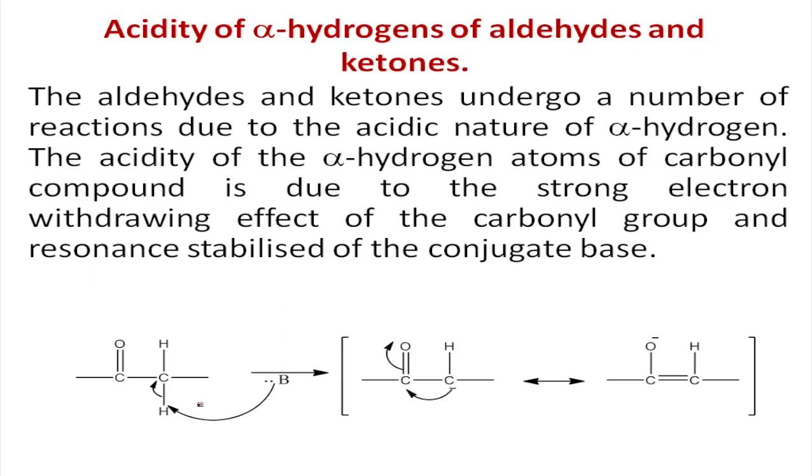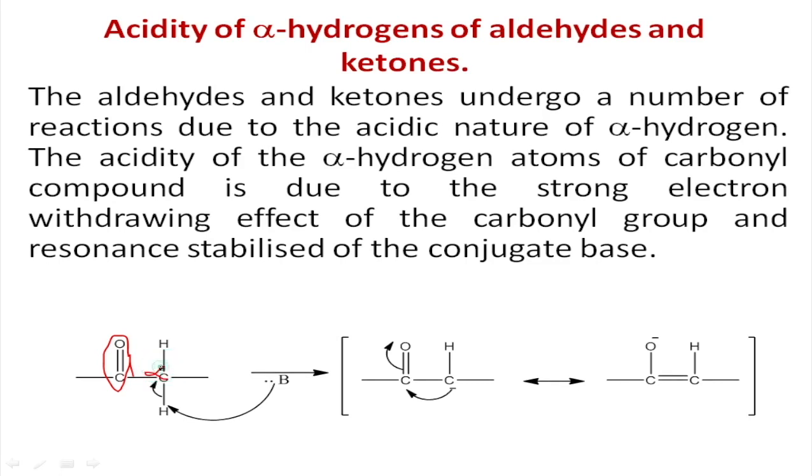Alpha hydrogen, meaning the C=O is the functional group. Next to the C=O group is the alpha carbon.